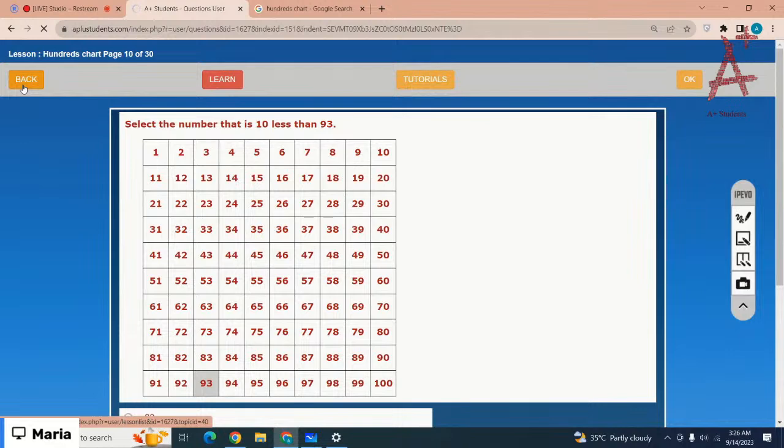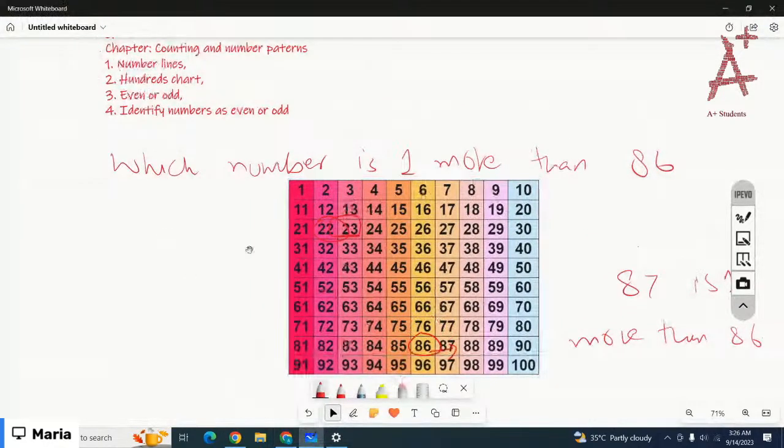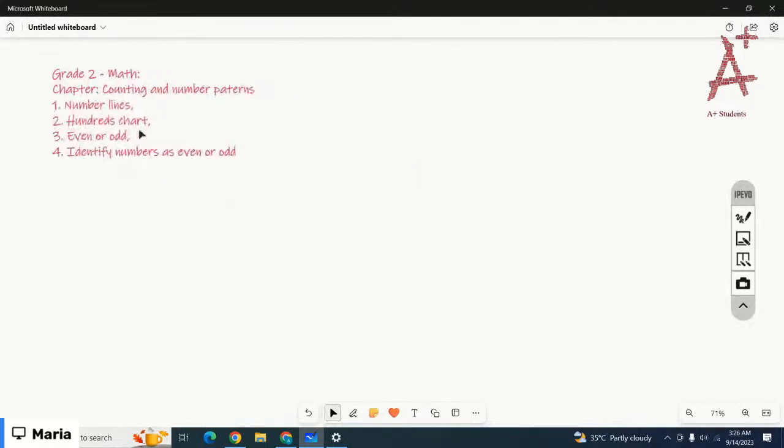The next lesson is, I think, even or odd, right? Let's just see what are the even numbers and what are the odd numbers. Yes, that is even or odd. Also, we're going to see how we identify numbers as even or odd. Okay, I'm going to write the definitions of the even or odd numbers on the board.